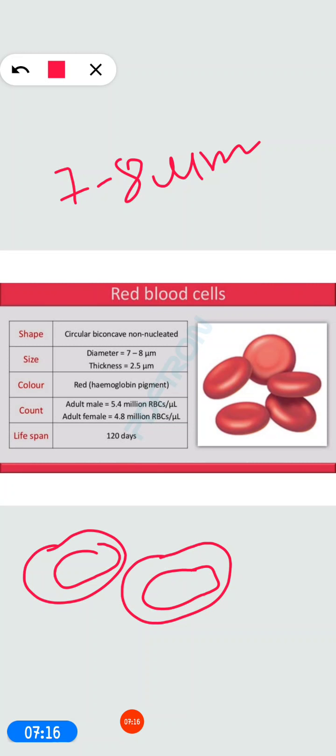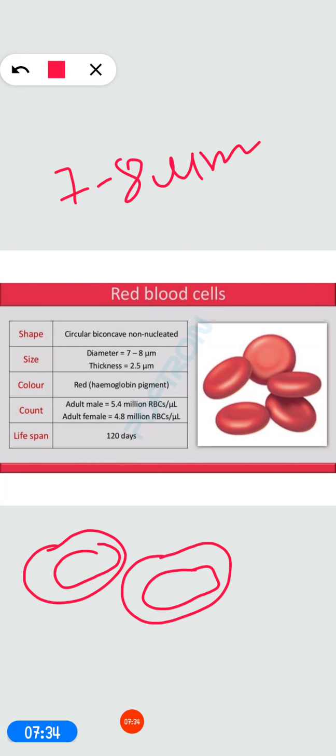The color is red, and the red color is due to hemoglobin pigment.